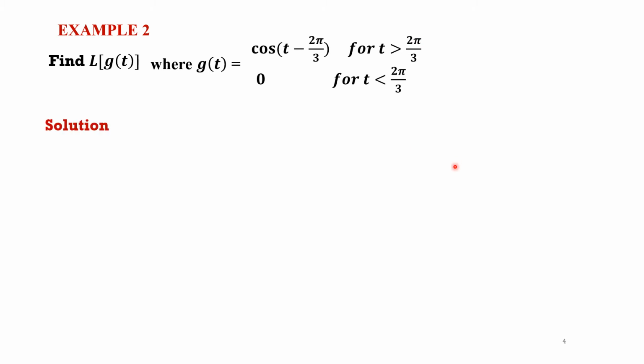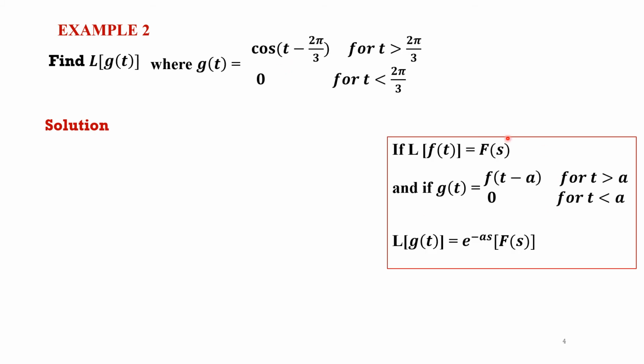So now we have to write our a and the function. Now a is the limit here. Whatever the inequality we are given, t greater than a or t less than a, we can write the value of a. So a is equal to 2 pi by 3. Now when I remove this minus 2 pi by 3 from here, I will be left with the function cos t, which means that f of t is equal to cos t.